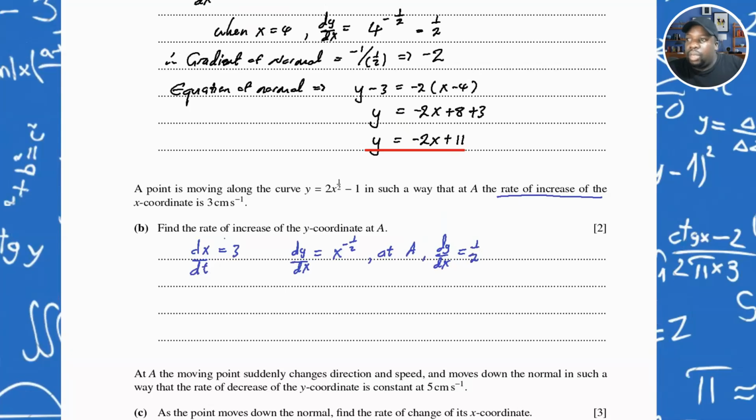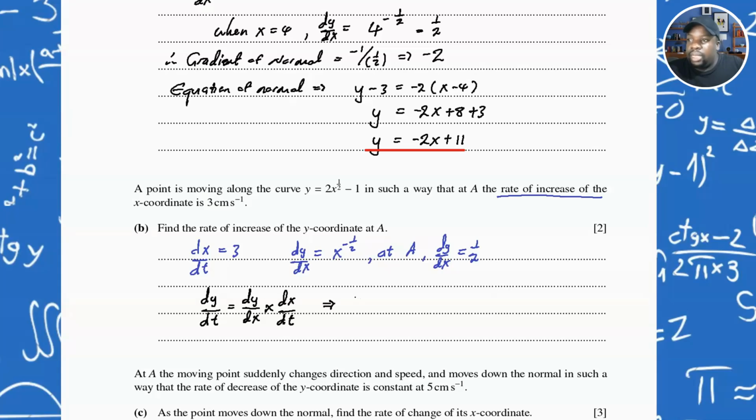Okay, so they want us to find the rate of increase of the y coordinate. In other words, they want us to find dy by dt using the chain rule. That will be dy by dx times dx by dt.